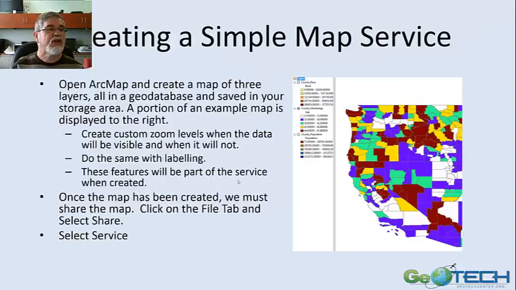So once you've made a connection to your server, what you're going to do is actually create a map. Notice I've got a map here that has 3 different layers, 3 different shapefiles showing up here. I've also done some work in symbology. We have county population, median age, and county race, specifically African American or black.